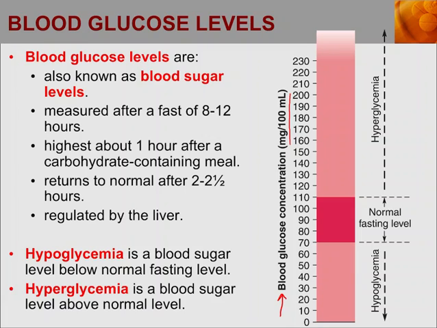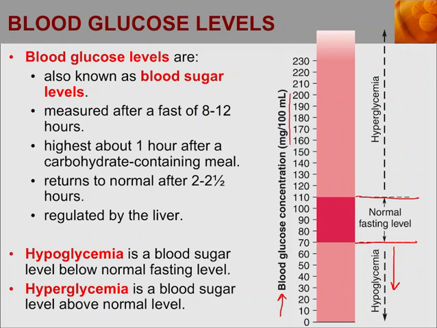So after fasting for 8 to 12 hours, you should have a blood glucose concentration anywhere from 70 to 110 milligrams per 100 milliliters of blood. If you have anything below 70 milligrams, then you might have something called hypoglycemia, and this is where your blood sugar level is too low.